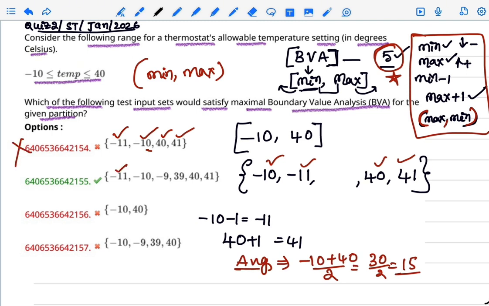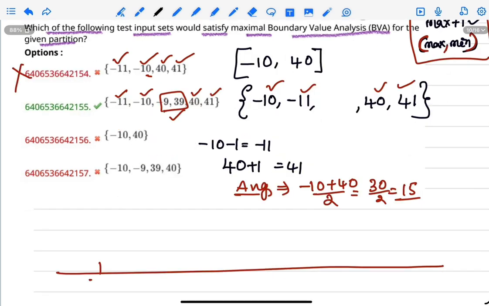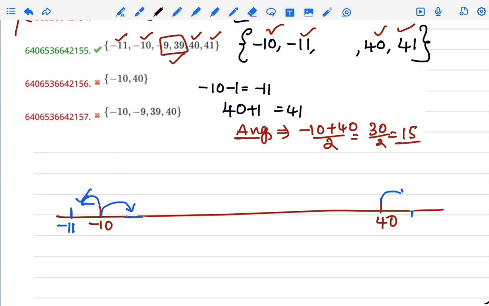In the next option, -11 is there, -10, 40, 41. These values are also valid. Generally BVA has 5 standard values. Here they included 2 more values also, the -10 and the 40 value. -11 is minimum minus 1, and minimum plus 1, that is -10 plus 1, is -9.